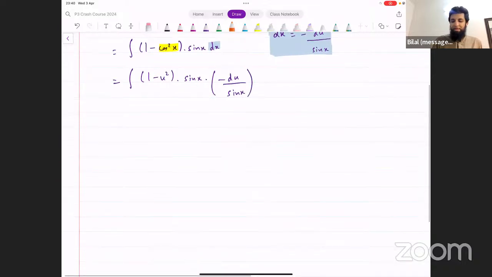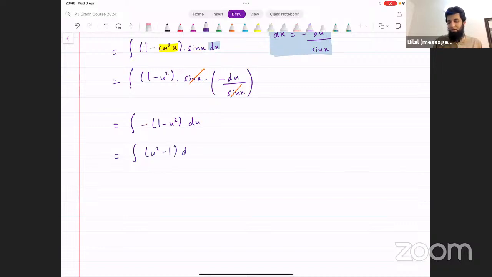Now sine x and sine x get cancelled, and we are left with the integral of minus (1 minus u squared) du. Now you could multiply the negative sign inside. That leaves you with the integral of u squared minus 1 with respect to u.